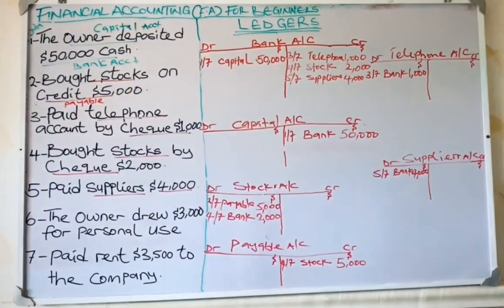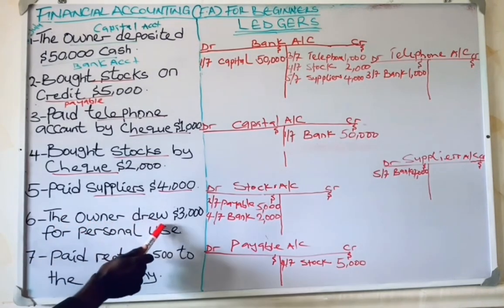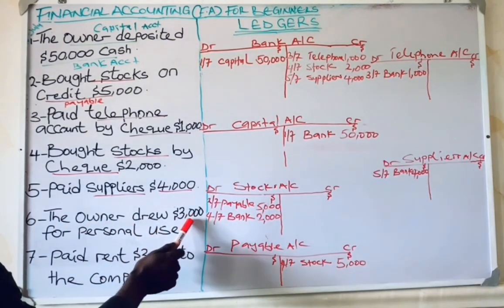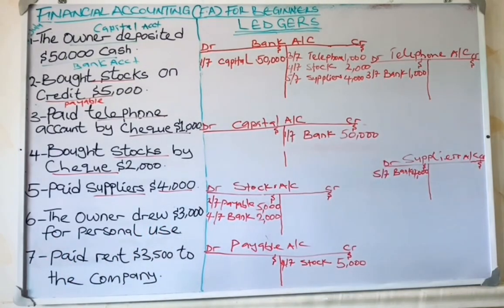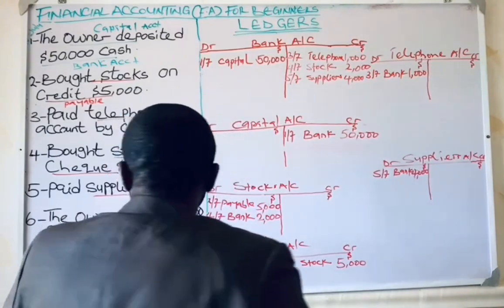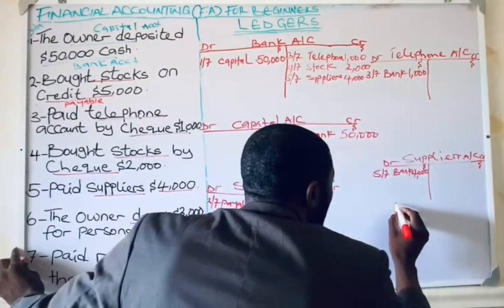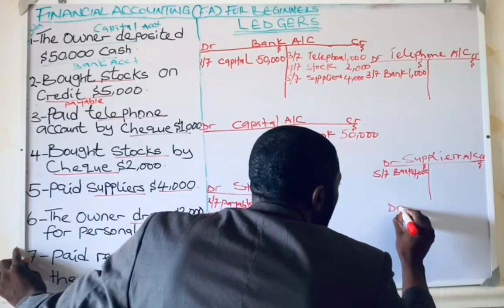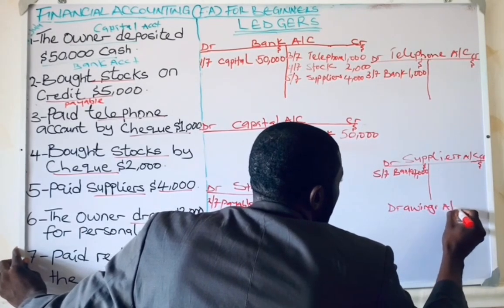Let's go to the next transaction. The owner drew $3,000 for personal use. We don't have a drawings account. We must open our drawings account.